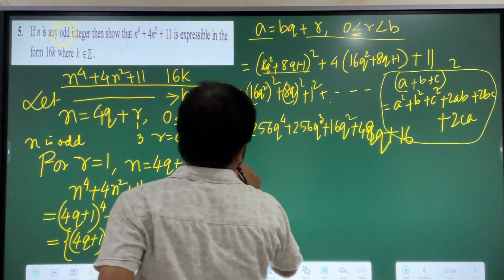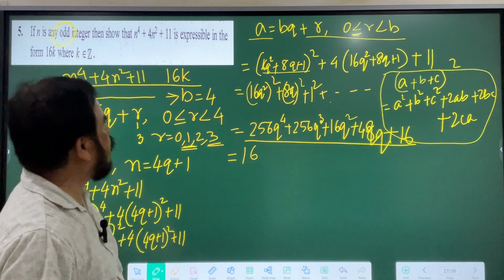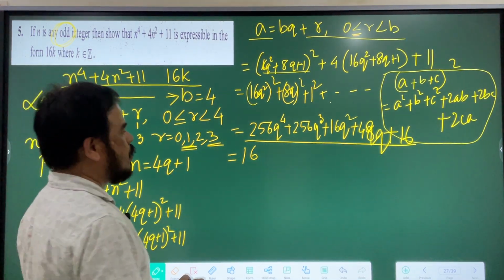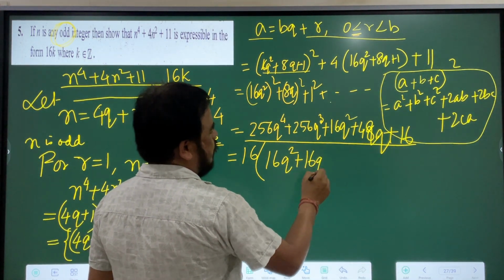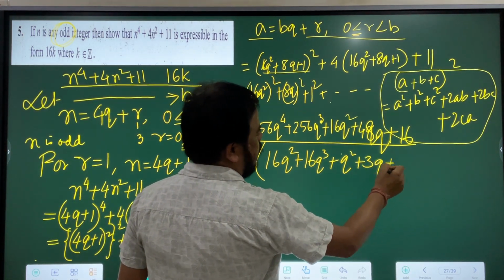So here we can take 16 common from all these terms, because in the question 16k is there. 16 times 16 is 256, 16 times 10 is 160, 16 times 1 is 16, 16 times 3 is 48, 16 times 1 is 1.